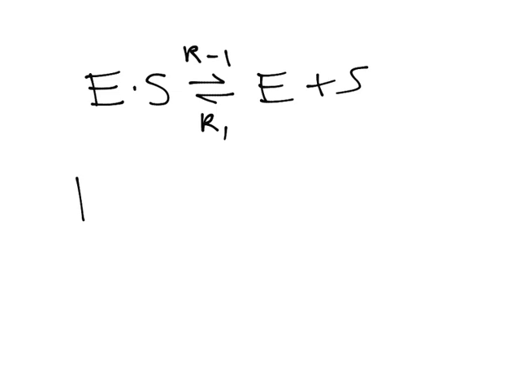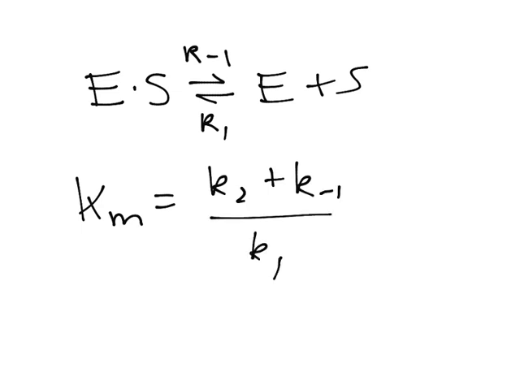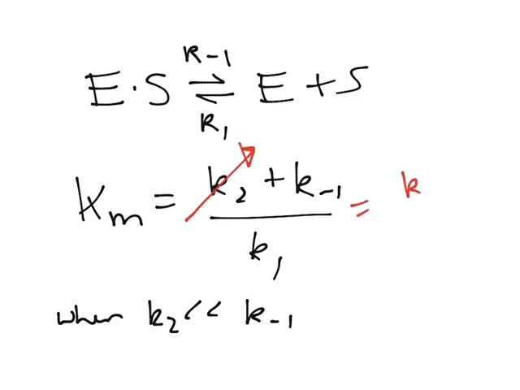So if the definition of the Km was K2 plus K minus 1 over K1, under conditions when K2 is really, really small compared to K minus 1, then we can consider it negligible, and this becomes K minus 1 over K1, which is in fact the Kd for the dissociation of the enzyme substrate complex.